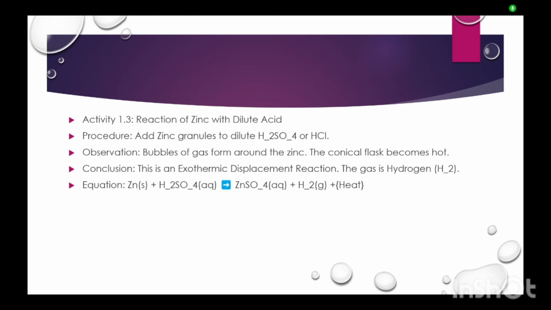A reaction of zinc with dilute acid. In this reaction, we get the product as hydrogen gas. The procedure: add zinc granules to dilute H2SO4, or we can use hydrochloric acid also. Observation: bubbles of gas form around the zinc, and the conical flask becomes hot. Conclusion: this is exothermic.